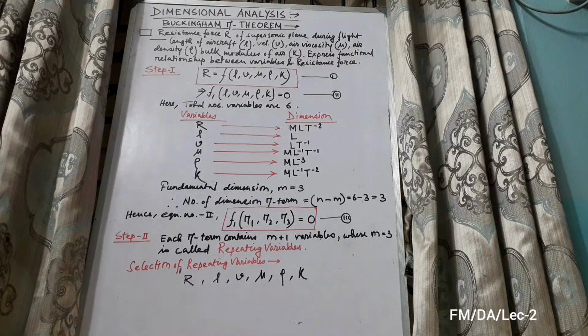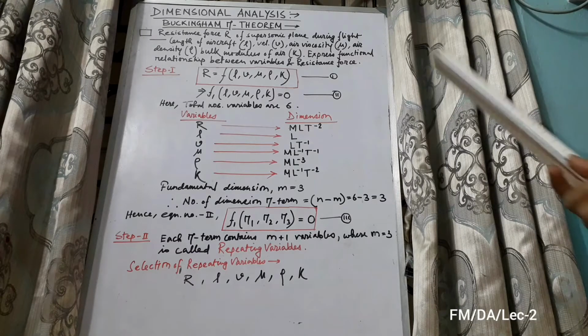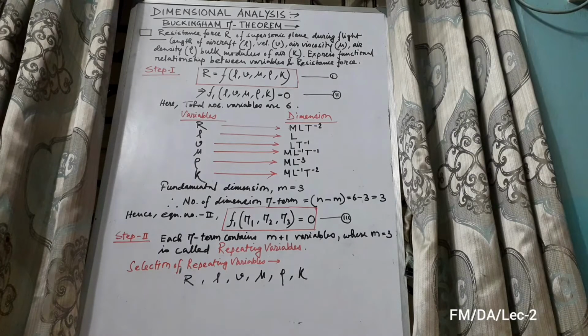Now our objective is to find out the dimensions of all variables. R, resistance force, is nothing but force, so its dimensions are M L T inverse 2. Then L is a length, so it is L. V is L T inverse 1. Then mu is M L inverse T inverse. Then rho is M L inverse 3.